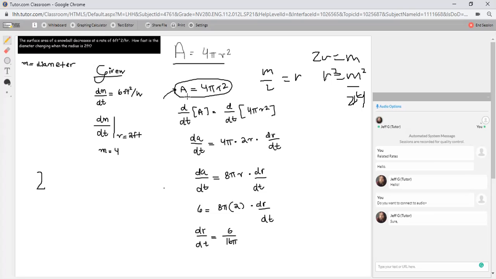We know 2 times r is equal to m. We have an r there, so we can solve for r. r is m over 2. And so we can just plug in m over 2 for r, and then you could write that area formula as A equals 4 pi times m over 2 squared.